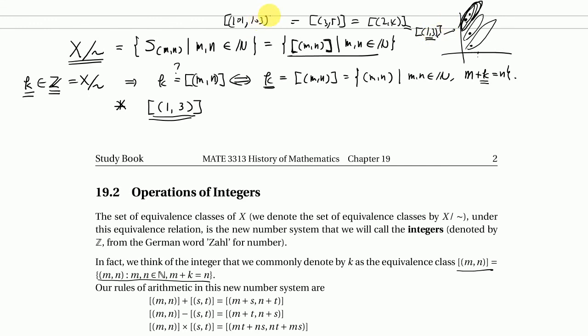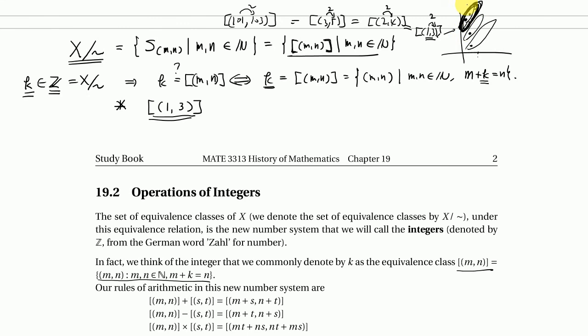So the difference is what? It is 2. We need to add 2 more to get the y coordinates. So that's the common property of the elements in that subset, in that class.